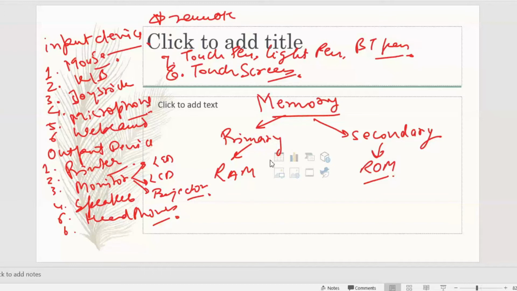Fine. So which operations come under the category of arithmetic? Which operations do we call arithmetic operations? Sir, addition, subtraction, division, multiplication. Addition, subtraction, multiplication, division. All right. And under the logical category?